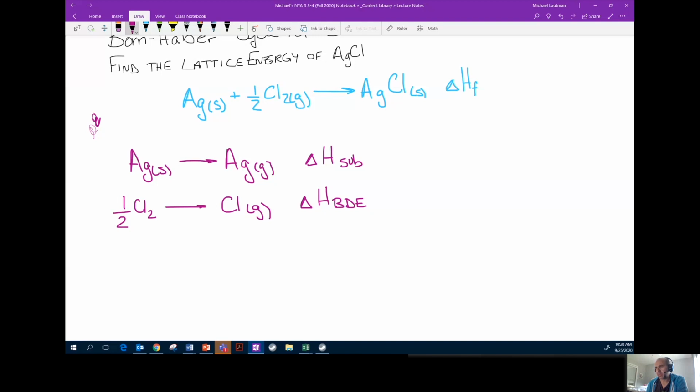The next thing that we have to do is transfer electrons. So silver is going to lose electrons. It's going to be oxidized, and then chlorine will accept them. The order here doesn't really matter, but for me, it makes more sense if something gives up electrons first and then something takes them.